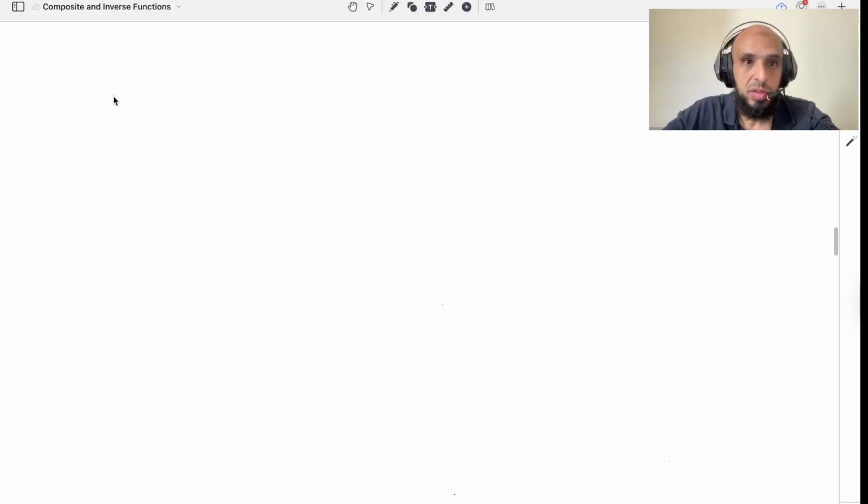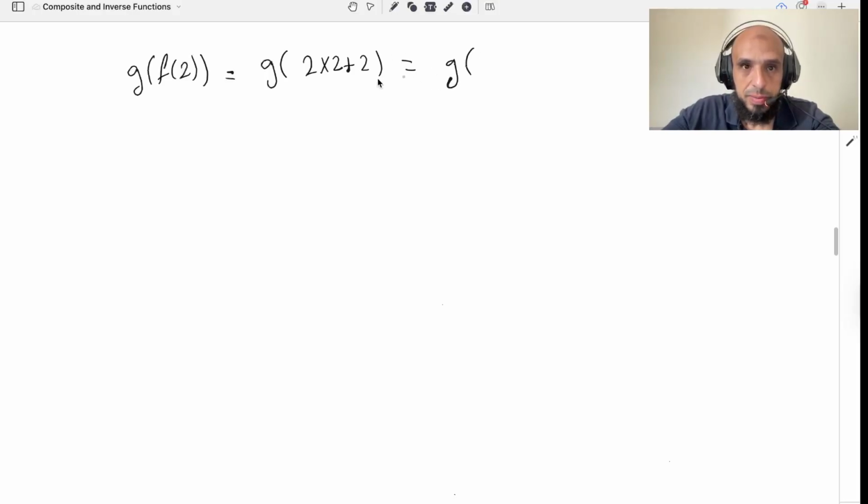For example, if we are trying to get g of f of 2, we apply f of 2 and then we apply g to it. How can we do that? First we get f of 2, which is 2 times 2 plus 2, so it's going to be g of 2 times 2 is 4, plus 2 is 6, so g of 6. So we apply g to 6, then we square the 6, so g of 6 equals 36, which is 6 squared.